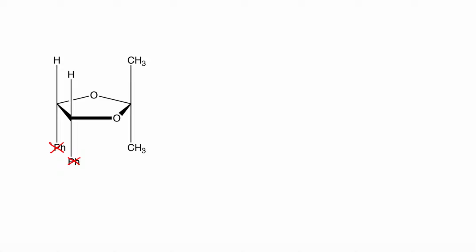Let's start off with this proton. We see that this proton is surrounded by an oxygen, another proton, and a phenyl ring. But what about this proton right here? Is it in the same chemical environment, or are they in a different chemical environment? Well, let's take a look. This B proton is surrounded by the A proton, another oxygen, and a phenyl ring.